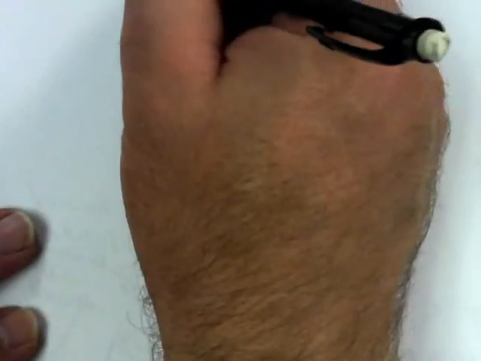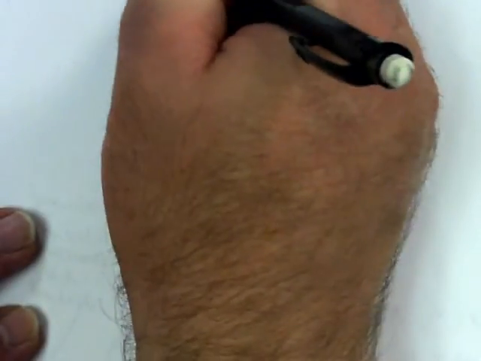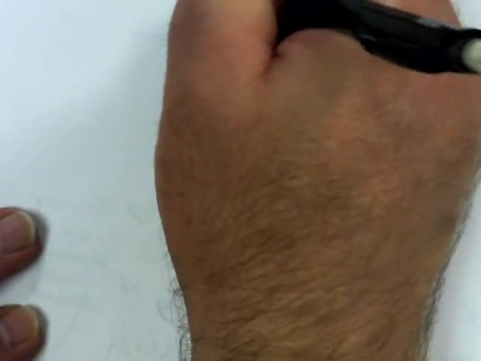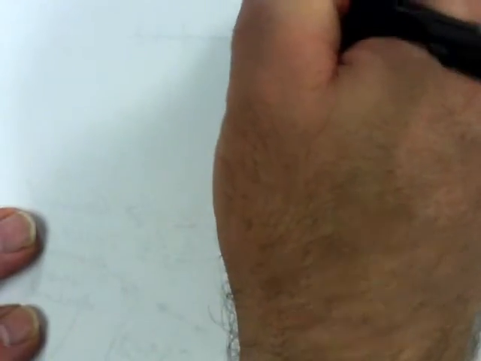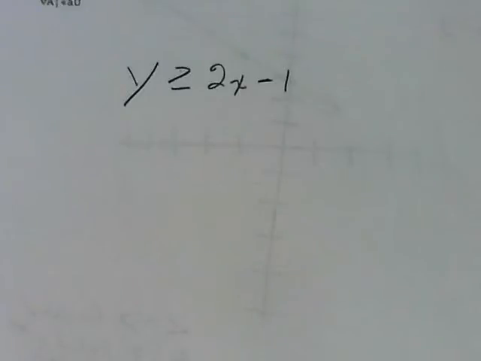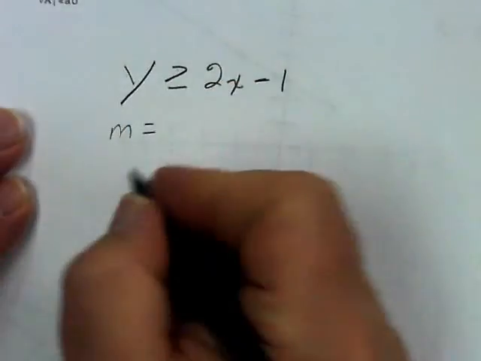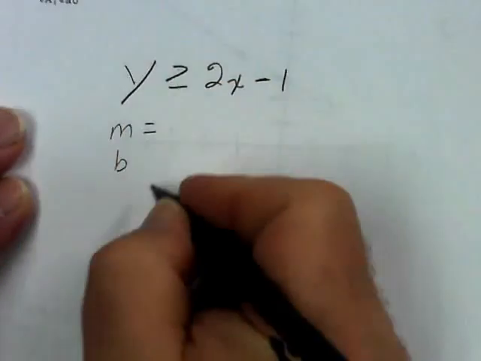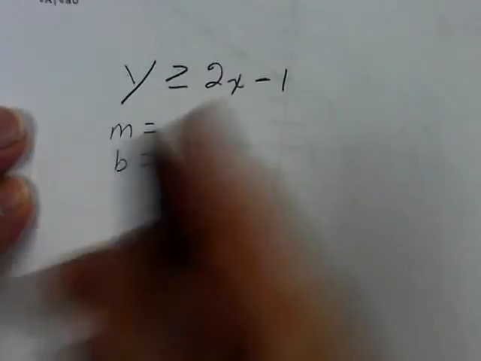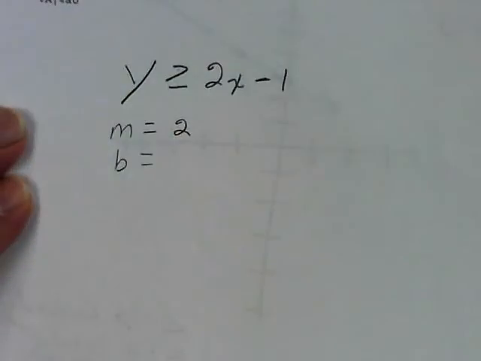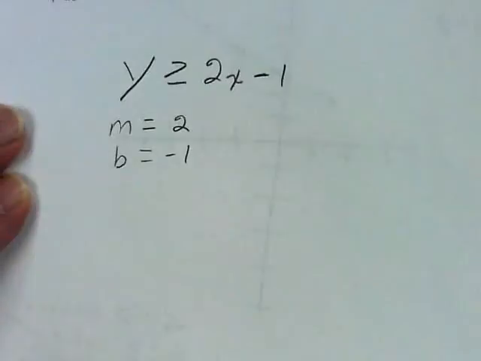Let's try this one. y is greater than or equal to 2x minus 1. Is it in slope-intercept form? Yes. So the first thing I need to know is the slope, and I need to know the y-intercept. So the slope is 2, and the y-intercept is negative 1.